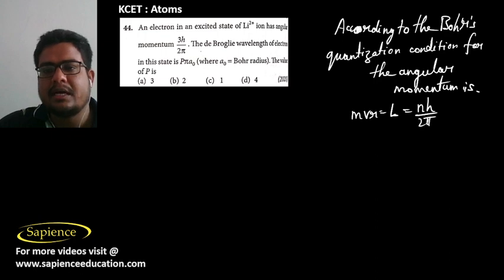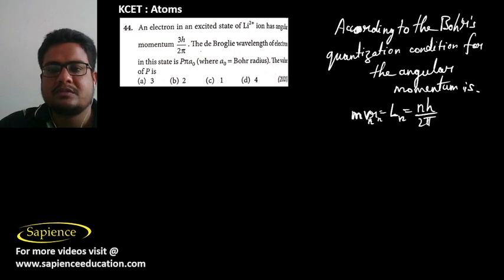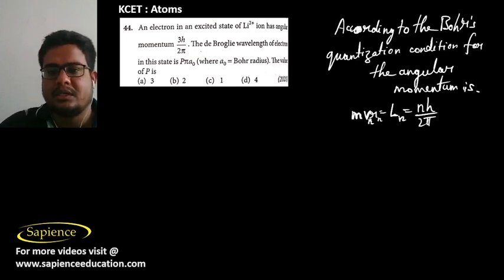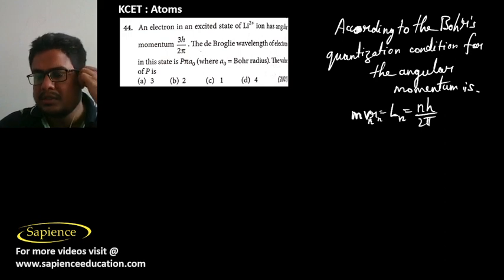It means the angular momentum of the nth orbit is m into Vn into Rn, where m is the mass of the electron, Vn is the speed of the electron in the nth orbit, and Rn is the radius of the nth orbit. So angular momentum of the nth orbit Ln is equal to nh by 2 pi.